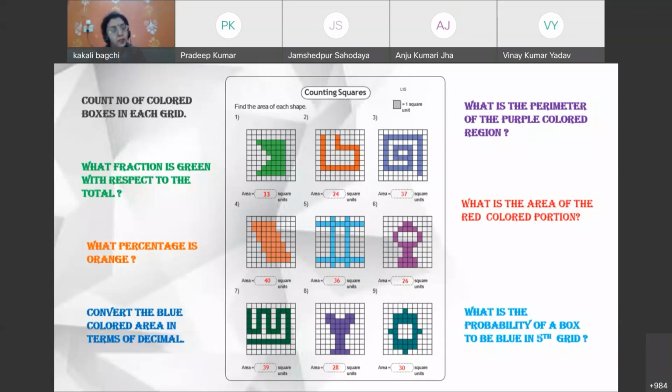Do you think every student of your class 7 has got a proper idea about the relationship of all these 4 chapters? In my school, my answer is no. In class 7, I don't think every student has got a proper idea about the relationship between percentage, fraction, decimal. Why? Because in every class, one teacher has done their job responsibility. Every class, my duty was to teach decimal, I have taught.